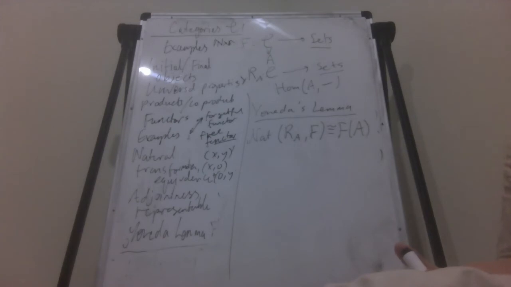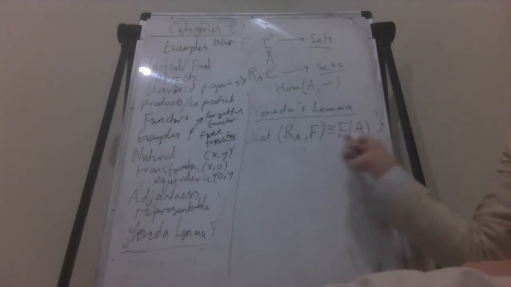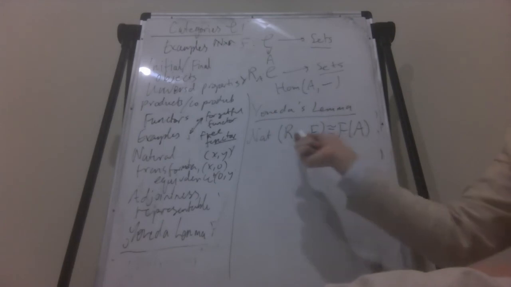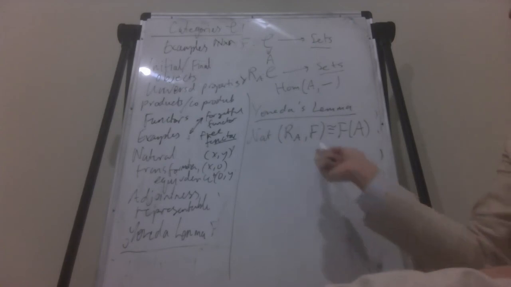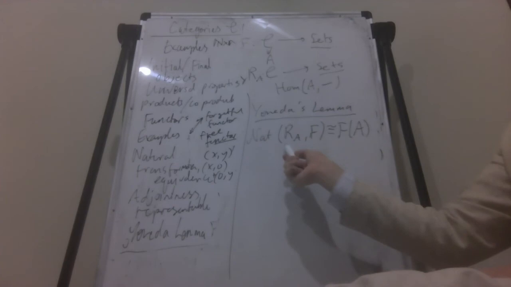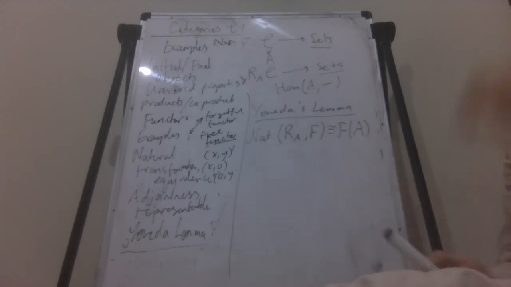So, for example, these are two sets. This is a set, yeah. So what you're saying is for every element of this set, there's a natural transformation from here, yeah. So you want to define a bijection, right? And for every natural transformation here, there's an element of that set, okay?